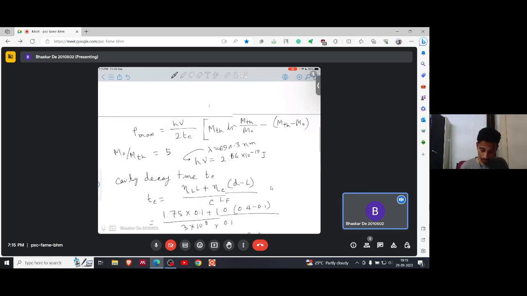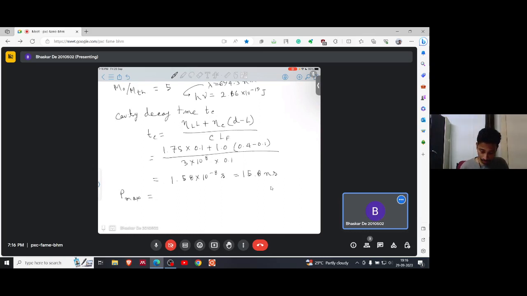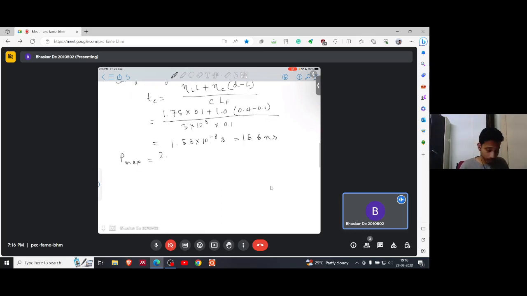So Pmax was h nu by 2Tc. So h nu was 2.86 into 10 to the minus 19 joule by 2 into Tc. Tc is 1.58 into 10 to the minus 8.